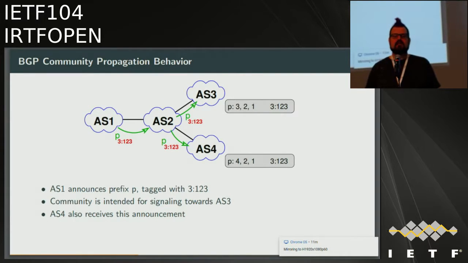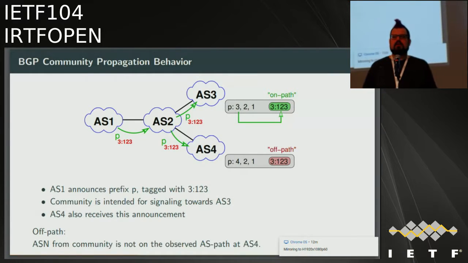In the first case, we, for our research, call this community on path, because the AS value from the community is present on the AS path that we record in AS3. In AS4, we call this community off path, because the AS number 3 is not present on the AS path. It could also be that the AS being signaled is further hops away behind AS4, but in both cases this would be called off path, because the AS number is not present on the recorded AS path.